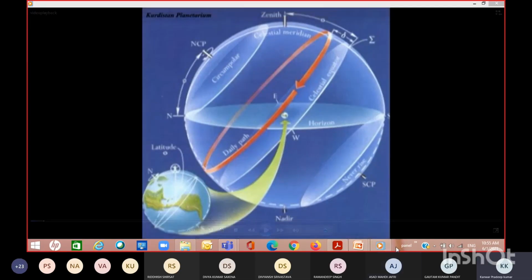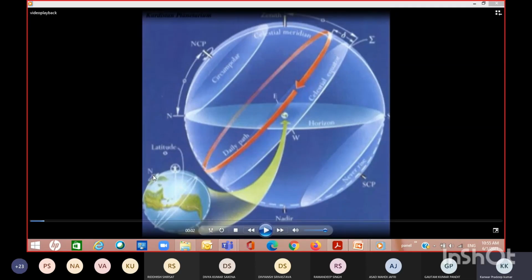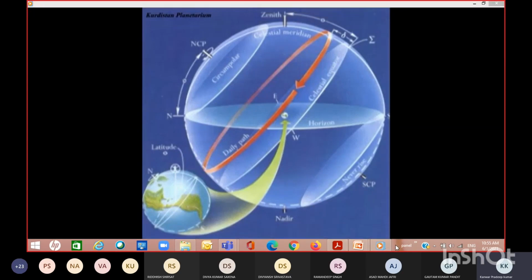All of you know this? And the north pole, which was slightly inclined on the left side, you can see the north celestial pole projected on the top, inclined on the left side. Is it clear?